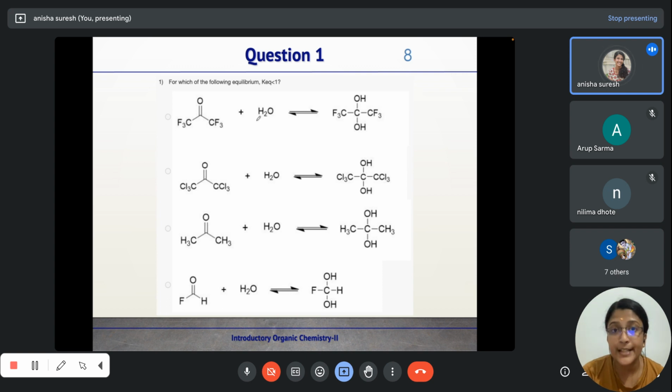In which of these cases will K equilibrium be less than 1? That is the question. Then there is CH3 plus H2O, it will give this product. Then there is F double bond OH, plus H2O, it will give this product.